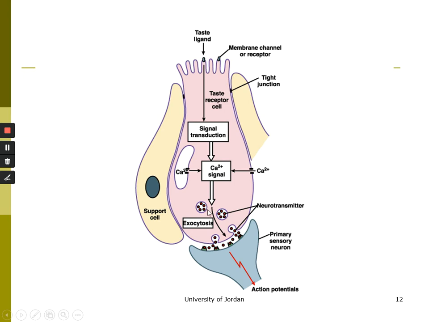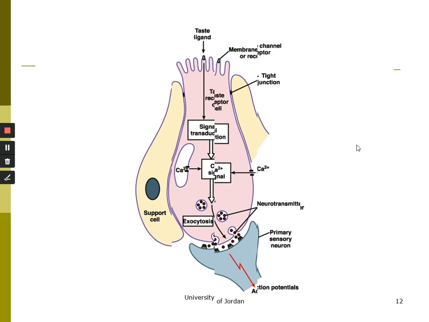They cause movement of these vesicles toward the membrane of the receptor cells here, and this causes secretion of the neurotransmitter that is going to stimulate the primary sensory neuron, the taste neuron.